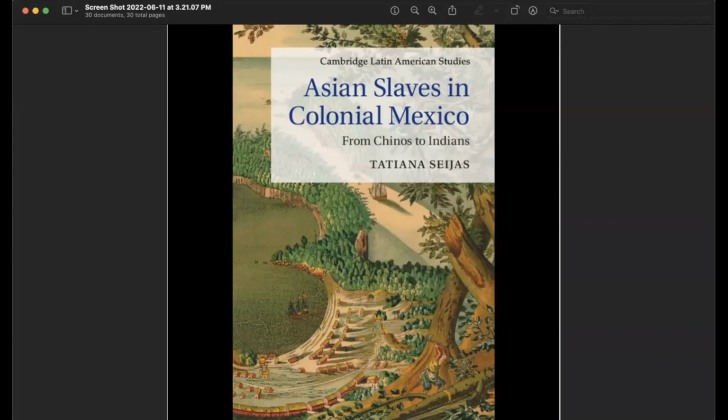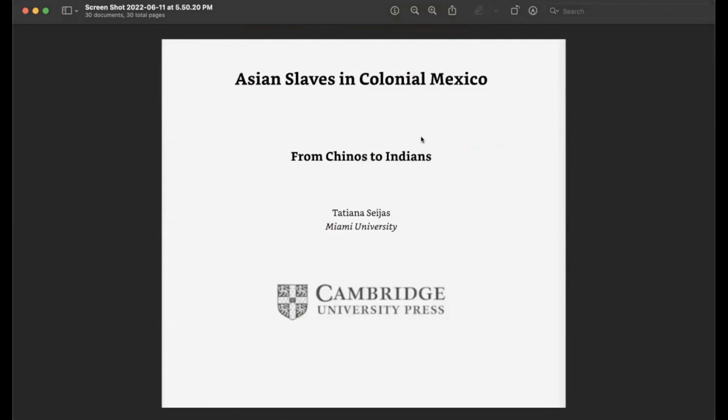Now that we just went over all those images, we're going to understand when she's talking about these so-called Chinos. She's going to explain the areas and the regions they were taking these so-called Chinos from, that they were bringing to Mexico. Again, Asian slaves in colonial Mexico, from Chinos to Indians, Cambridge University Press.